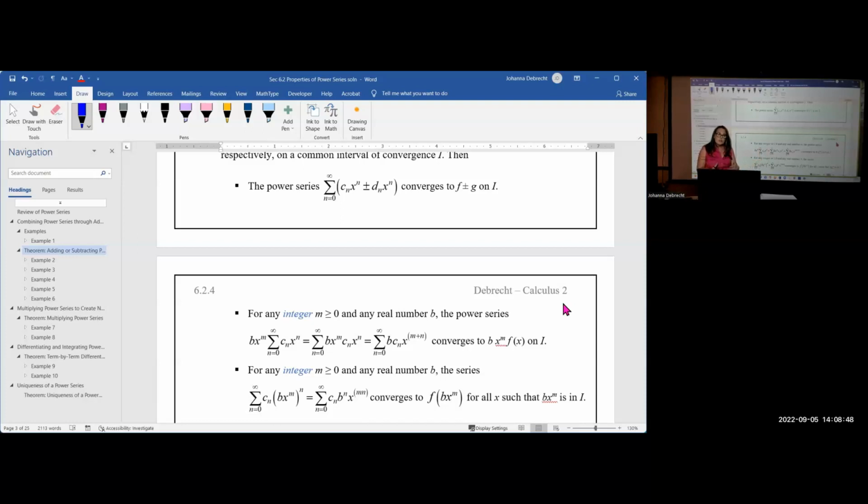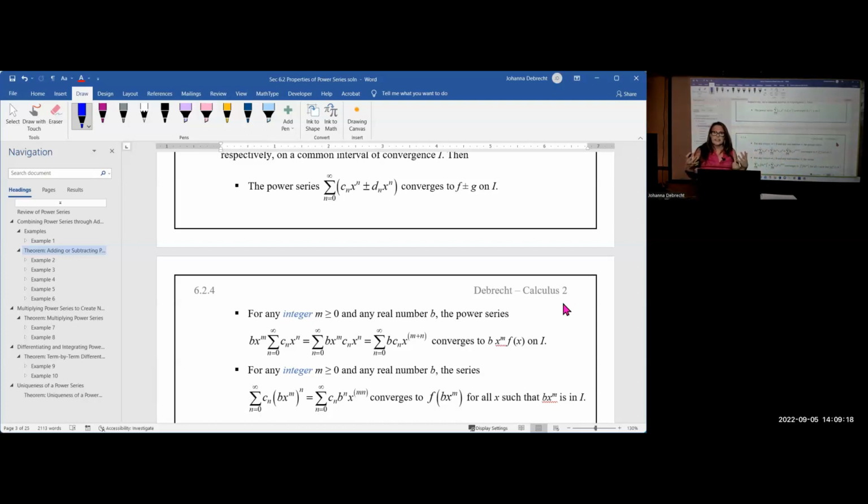So we can multiply a known power series by a power of x to a known power, and by some constant, and it will still converge, and it will converge to that constant and that power of x multiplied by the function, and it will still be on the interval of convergence. So it doesn't even change the interval of convergence, which is crazy.